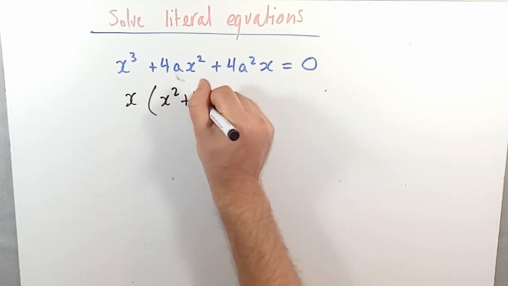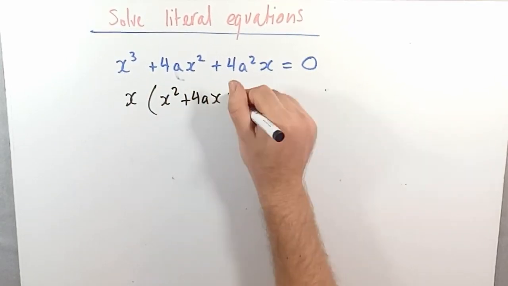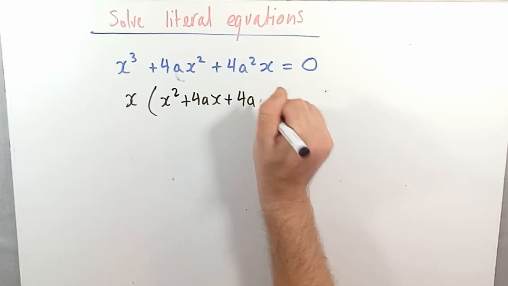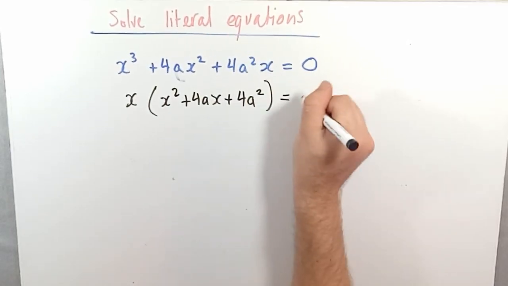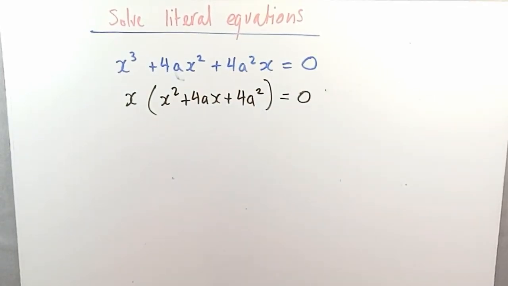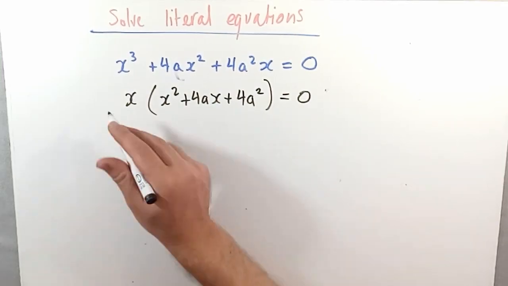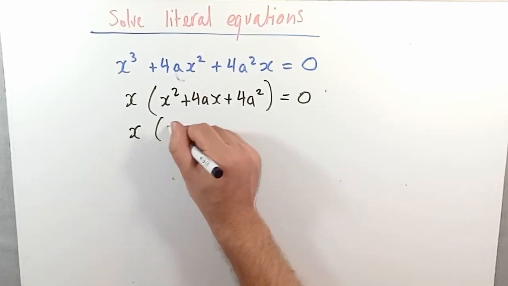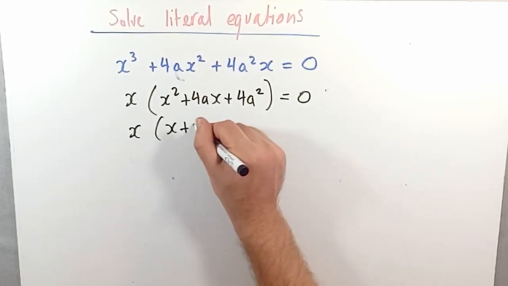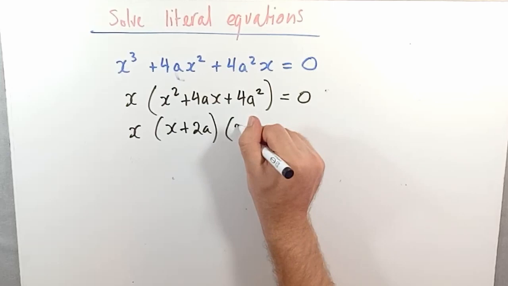So I get x squared plus 4ax plus 4a squared equals 0. Okay, and then you could group it or factorize it. Because this one is actually (x plus 2a)(x plus 2a).